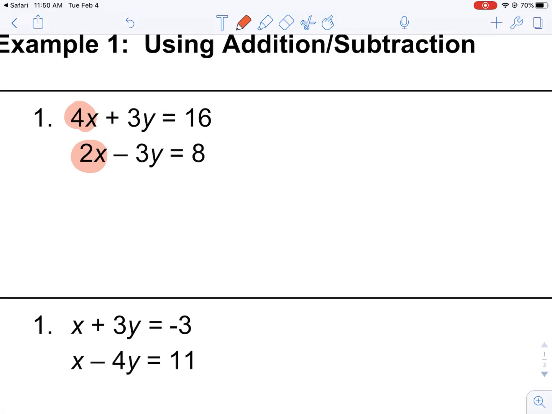So when I use elimination, I can take a -2 and multiply it through the entire equation, and it is going to give me -4x plus 6y equals -16.